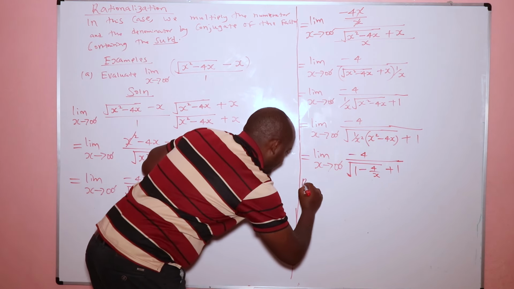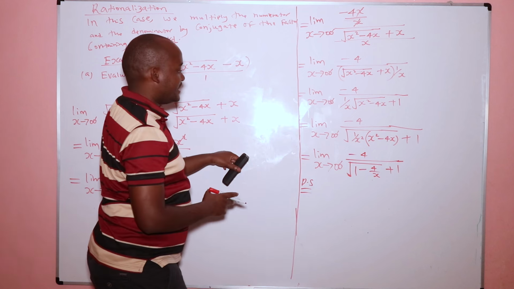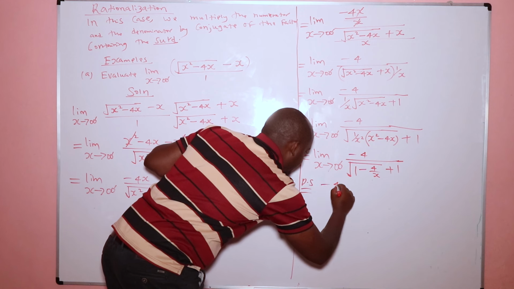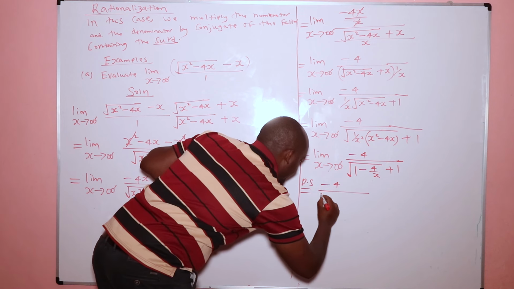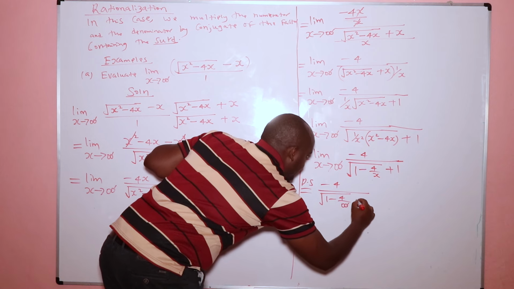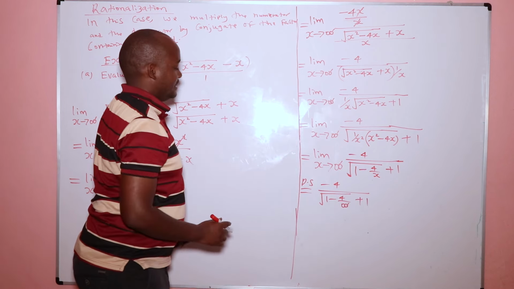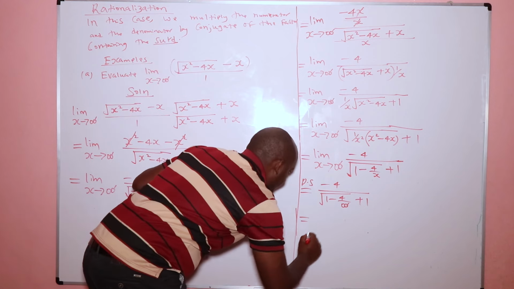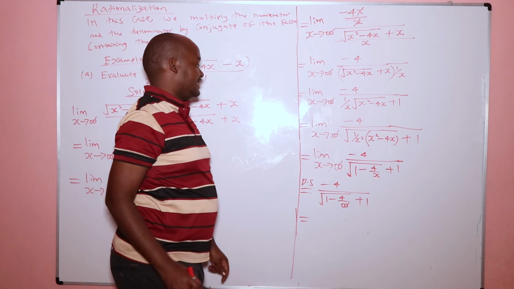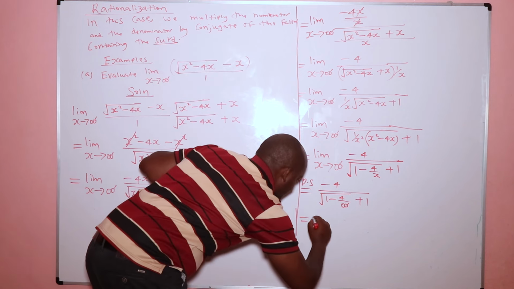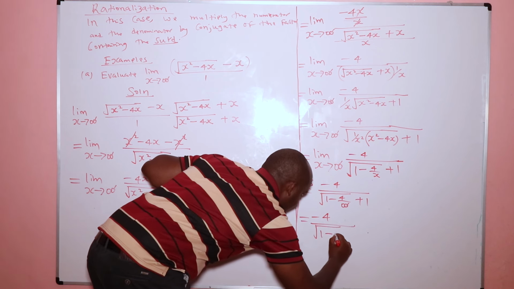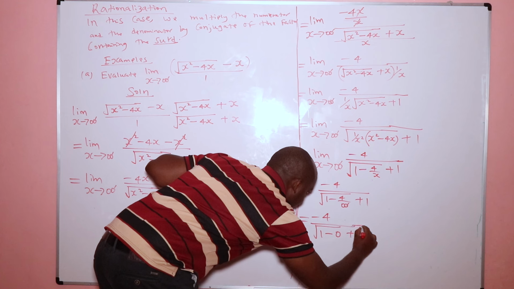So by direct substitution, it means that whenever you have x, you replace it with infinity. And this will be negative 4 divided by the square root of 1 minus 4 over infinity, plus 1. Because whenever you have any number divided by infinity, you get a 0. So this will be negative 4 divided by the square root of 1 minus 0 plus 1.